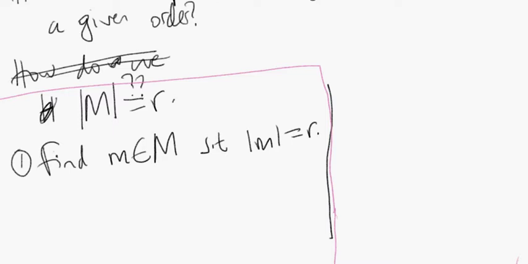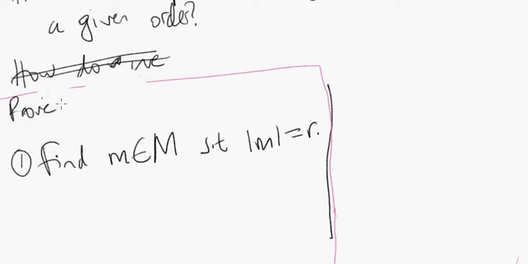Maybe let's ask this question instead. How do we prove that there exists some subgroup L of M such that the order of L equals, let's say, R?